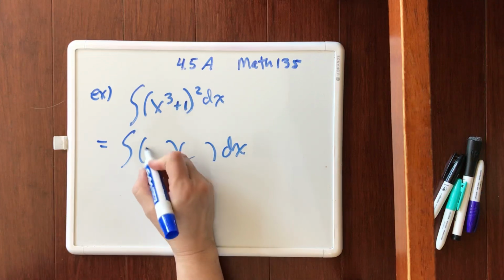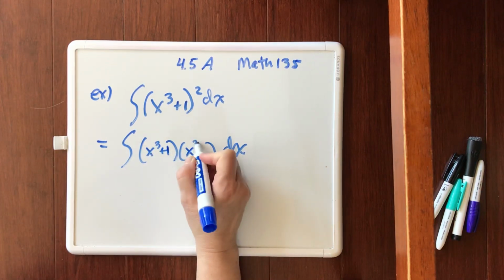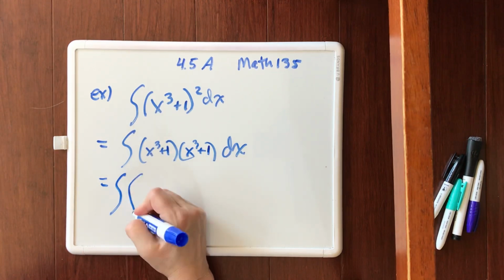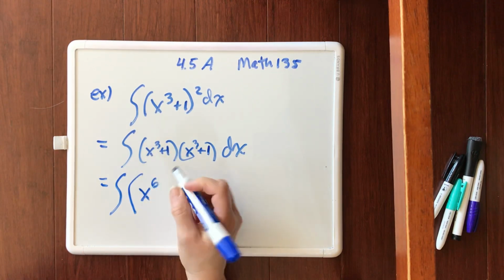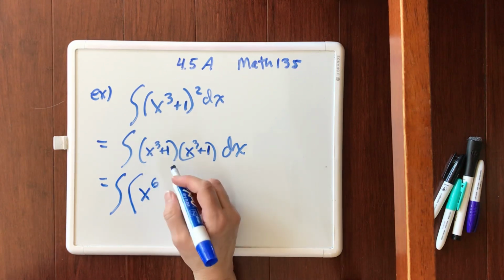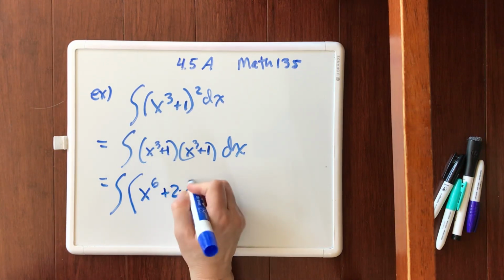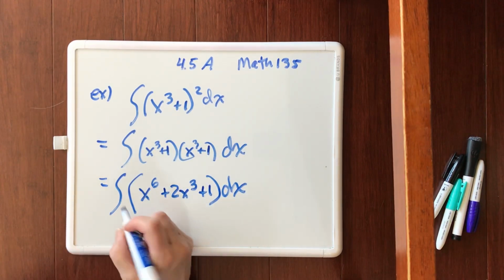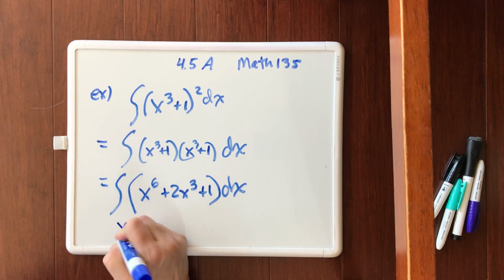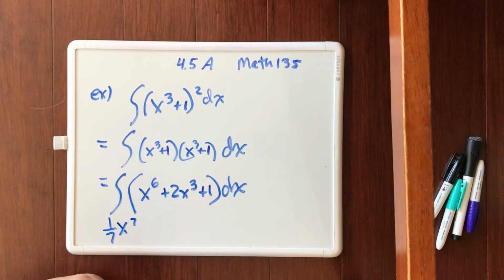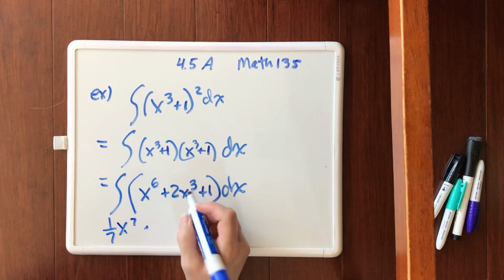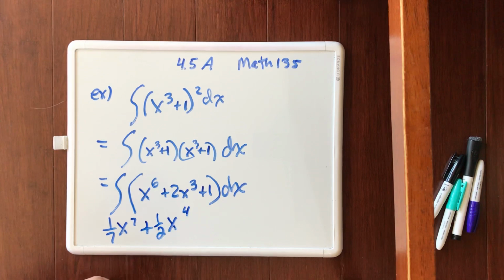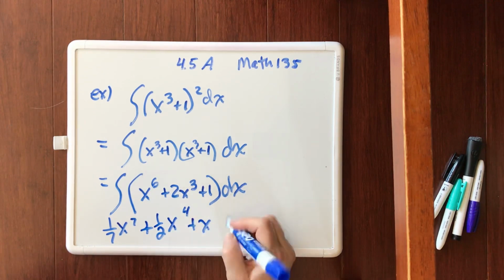All right, so foiling x cubed plus 1, we have x^6, first times first, outside times outside plus inside times inside, 2x cubed plus 1 dx. So then when we integrate each term, we get x^7 times 1/7. And then we add 1 to the 3, we get 4. Divide, we get 1/2, and that's a plus x plus c.